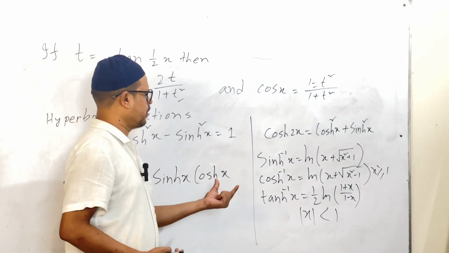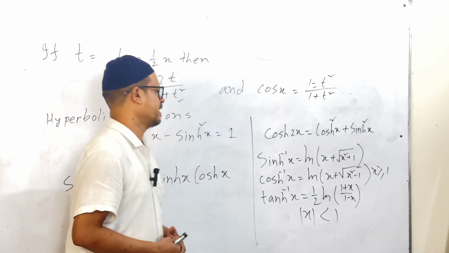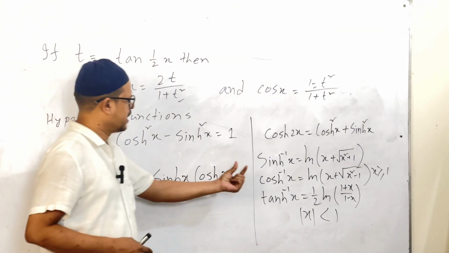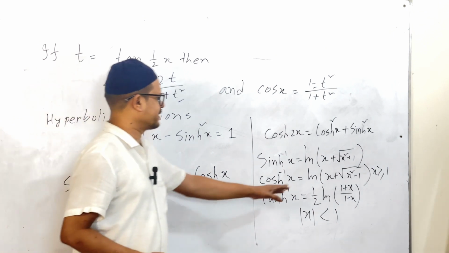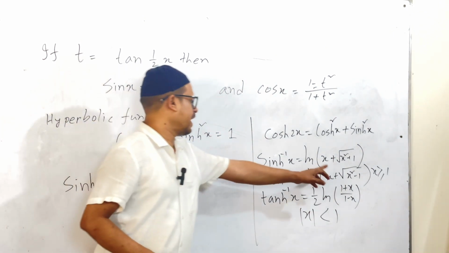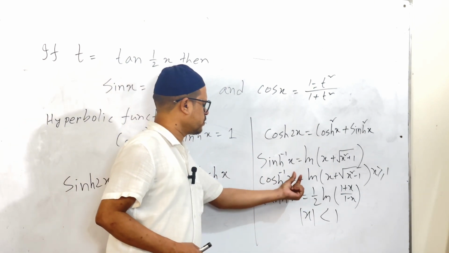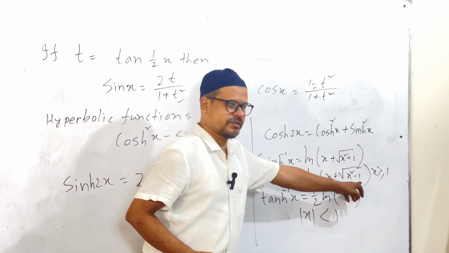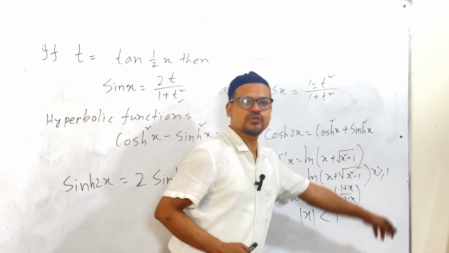Cos h 2x equals cos h squared x plus sine h squared x. And for inverse, sine h inverse x equals ln of bracket x plus root x squared plus 1. And cos h inverse x equals ln of x plus root x squared minus 1, when x is greater than or equal to 1.